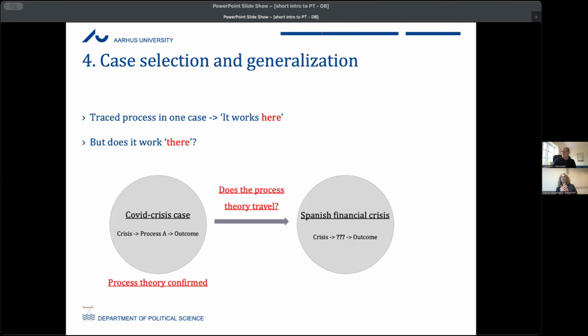But then we're talking about extrapolation, whereas generalization tends to stay within the bounds within which we know the theory should work. And if there you find a case that doesn't work, that's interesting, right? Because then you're going to explore what was different in this case. Which of the conditions wasn't there? Or what extra condition was there that blocked or hindered the process? Whereas in the case of extrapolation, you're asking the question, does my theory also work in a different context? And that's a different question.